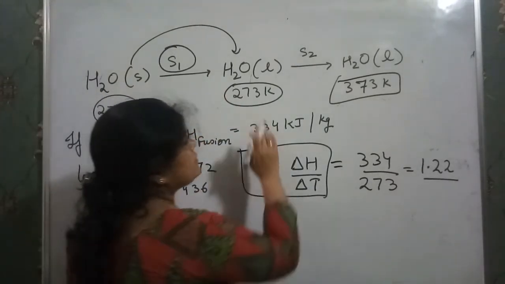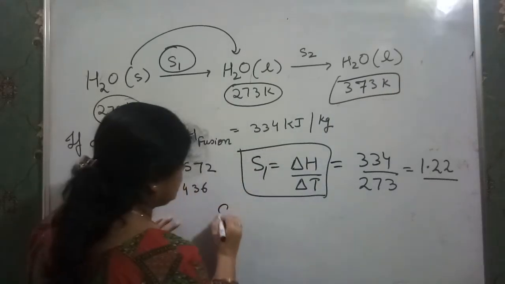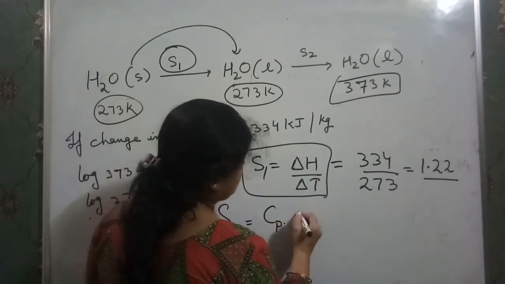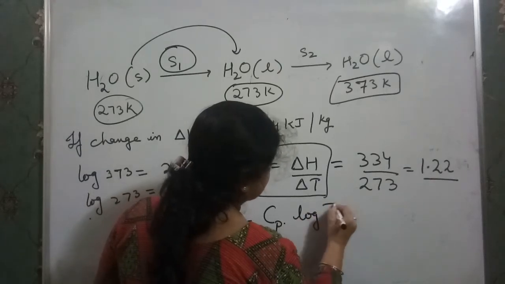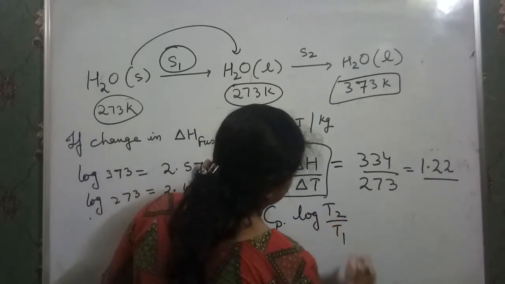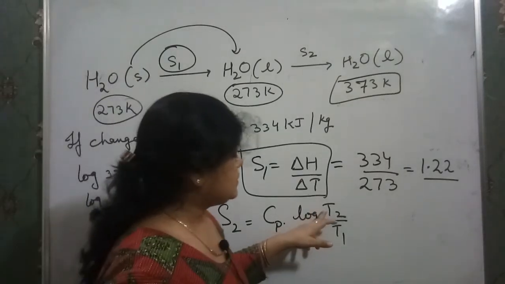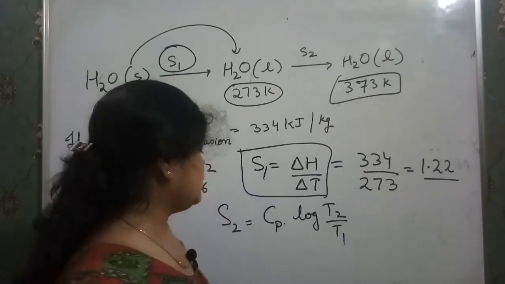Now in the second case, when there is a change in temperature, the formula for entropy becomes the specific heat of water into log of T2 over T1. Write down the formula. When there is a change in temperature, we can calculate the value of entropy this way, where T2 is the final temperature over the initial temperature T1.